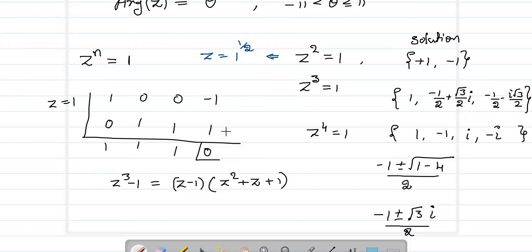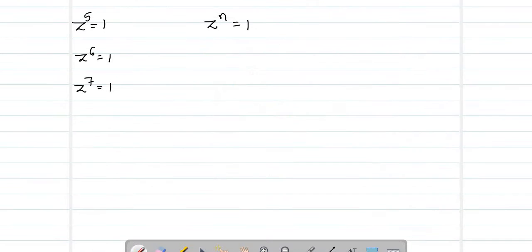Similarly, this one can be expressed as z equal to 1 power 1 by 3. What is the cube root of 1? This is what we call the cube root of 1, whereas this one is the square root of 1. Now I need the nth root of 1.